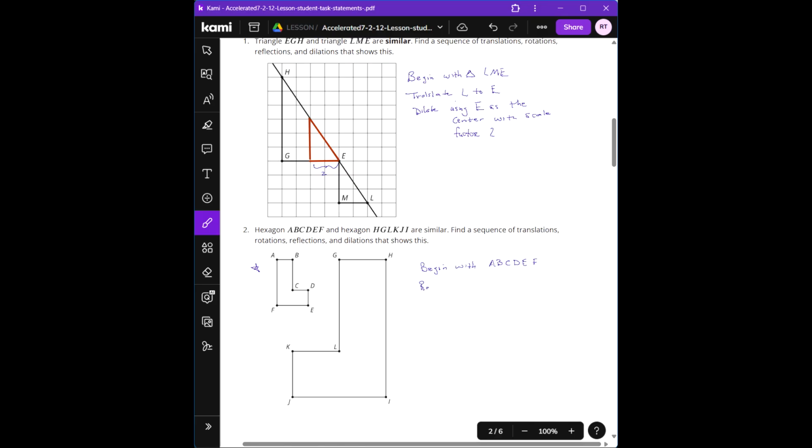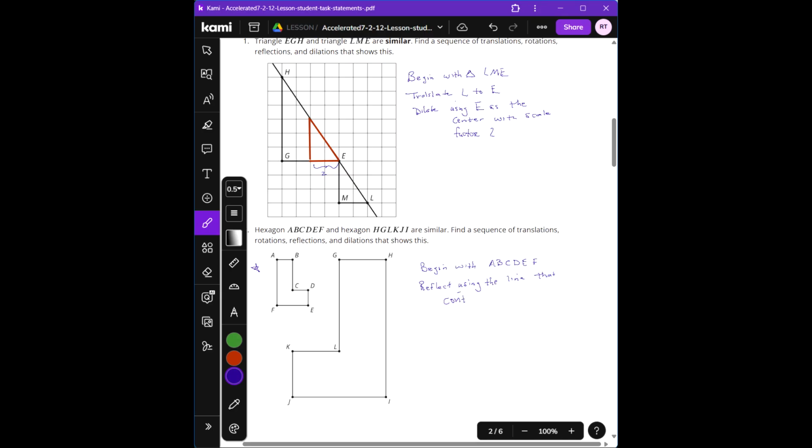Then what we can do is we can reflect using the line that contains, sorry, that's really too small, A and F. Okay, so we're going to reflect around that.